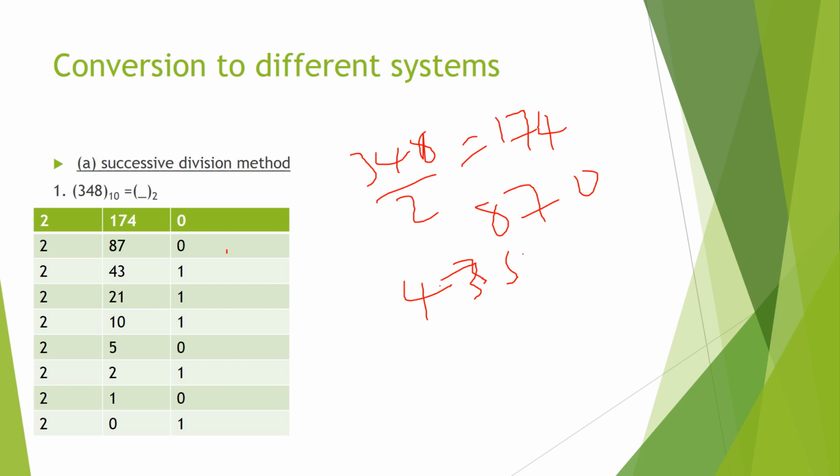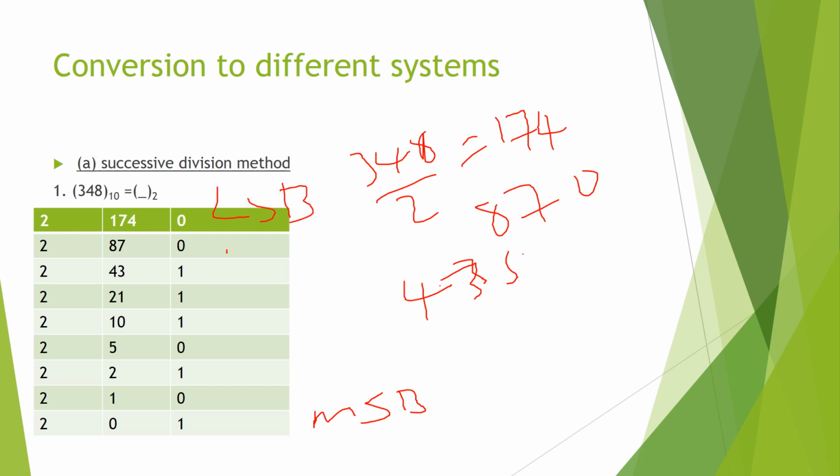Then if you take 21, you divide by 2, you get 10 remainder 1. Then 10 divided by 2 gives 5 remainder 0. The same case. So then in our answer, you will realize that the last one that we get, we take it as the most significant bit, and on top here we have the least significant bit.